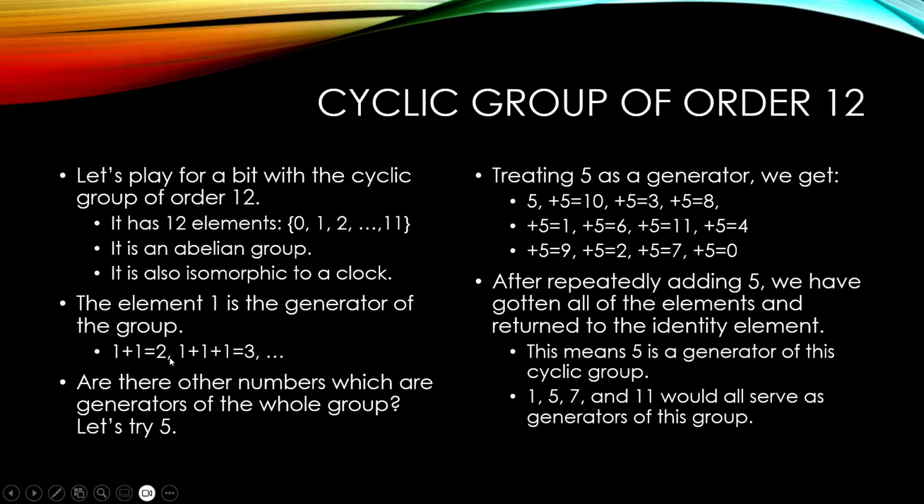And so 1 plus 1 is 2, 1 plus 1 plus 1 is 3, 1 plus 1 plus 1 plus 1 is 4, and so on. We would generate all of the different values. It's not the only generator, though. If we were to try starting with 5, 5 plus 5 is 10, plus 5 is 3, plus 5 is 8, plus 5 is 1, plus 5 is 6, plus 5 is 11, plus 5 is 4, plus 5 is 9, plus 5 is 2, plus 5 is 7, plus 5 is 0.